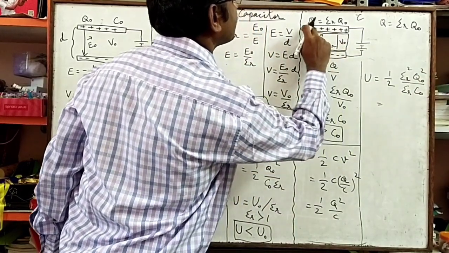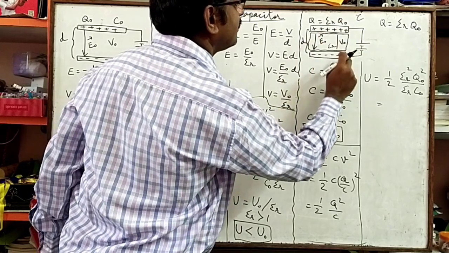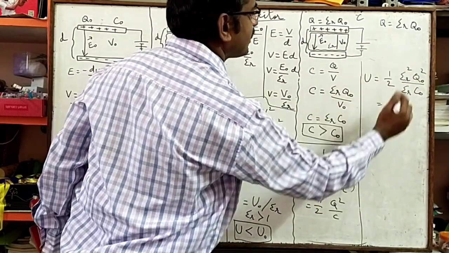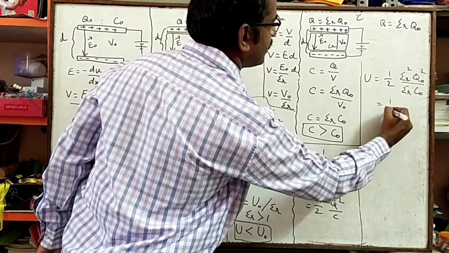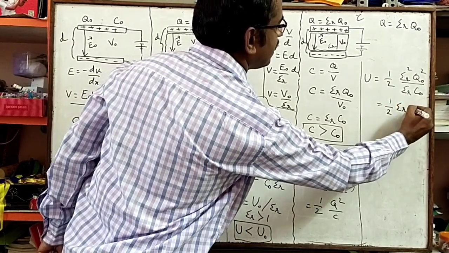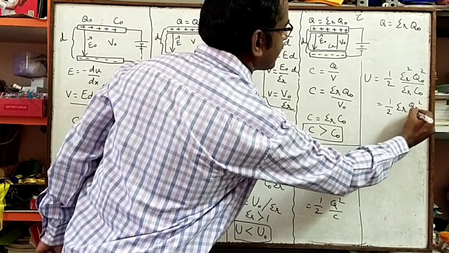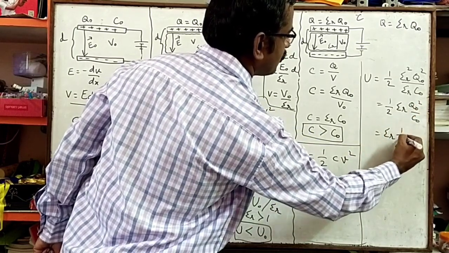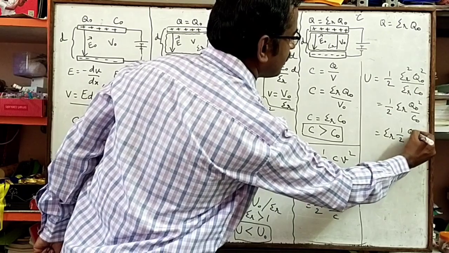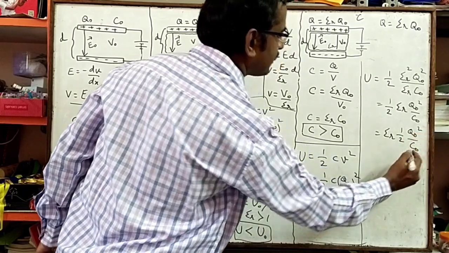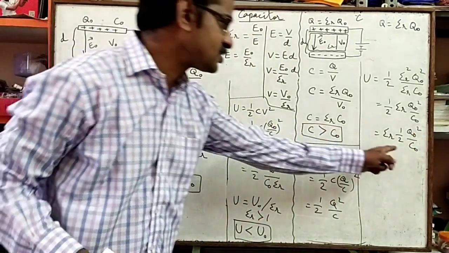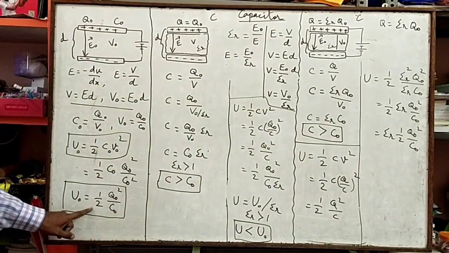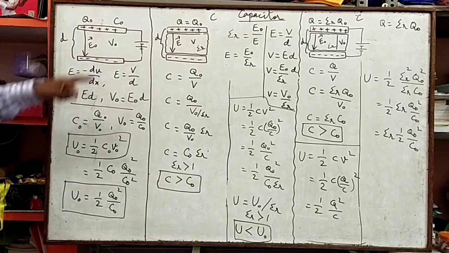Here we get Q is equal to epsilon r Q naught. Therefore Q square is equal to epsilon r square Q naught square. That's equal to 1 by 2 epsilon r Q naught square by C naught. That is equal to epsilon r times 1 by 2 Q naught square by C naught. 1 by 2 Q naught square by C naught is nothing but the energy stored in the capacitor without dielectric, U naught.